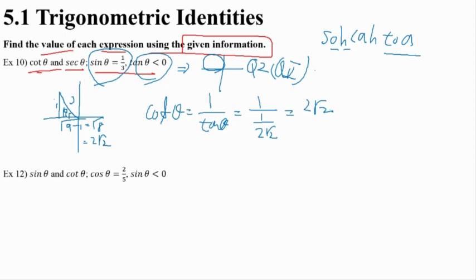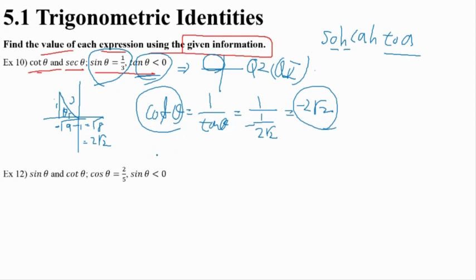But we should consider that cotangent should be negative, because adjacent is negative. Don't forget the negative sign.